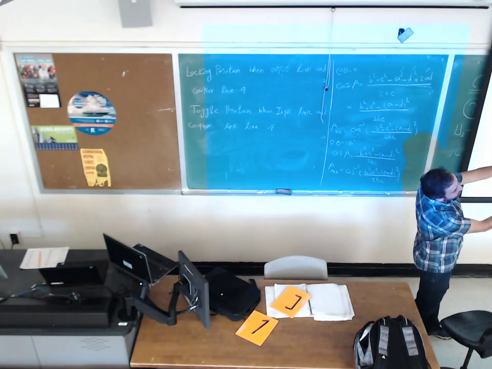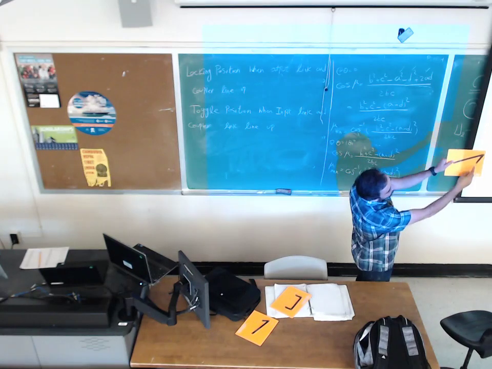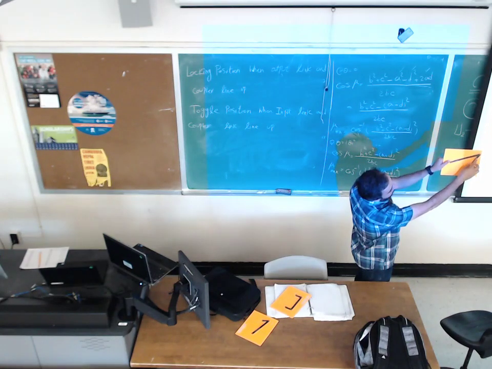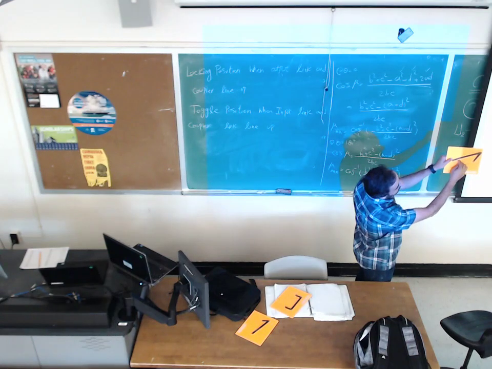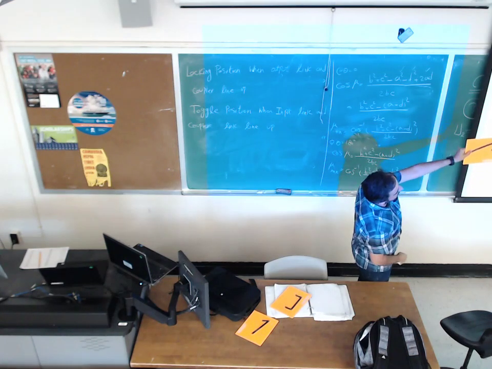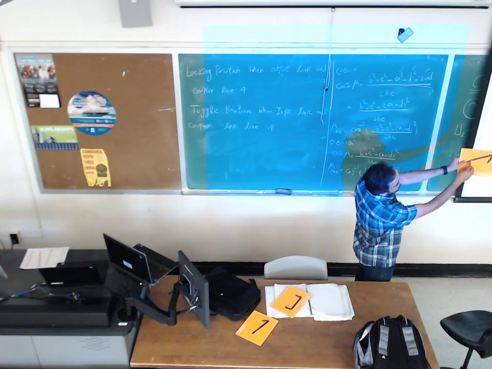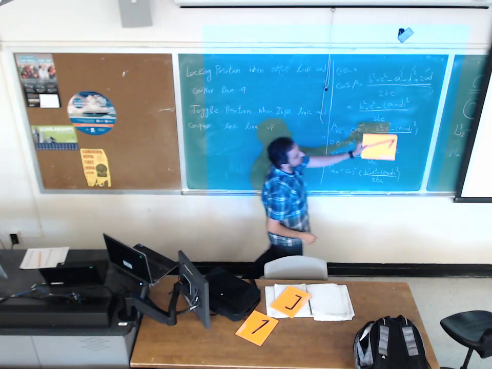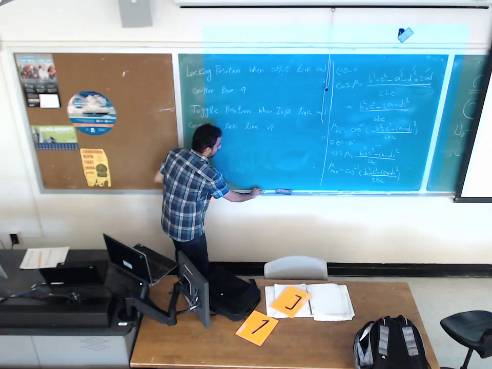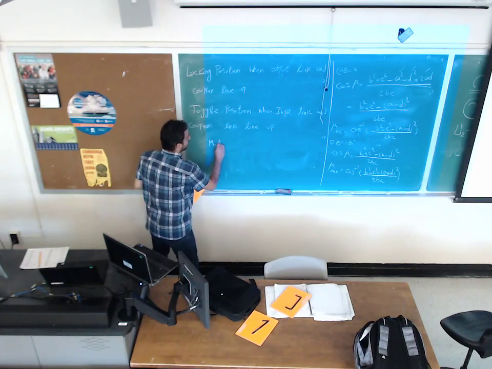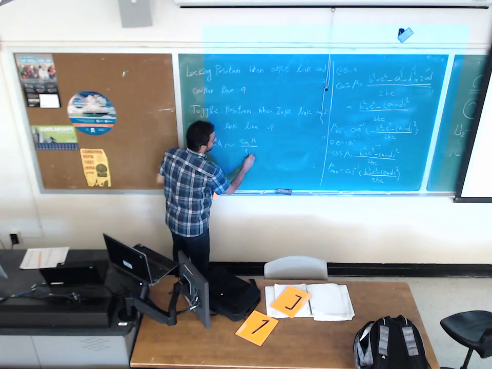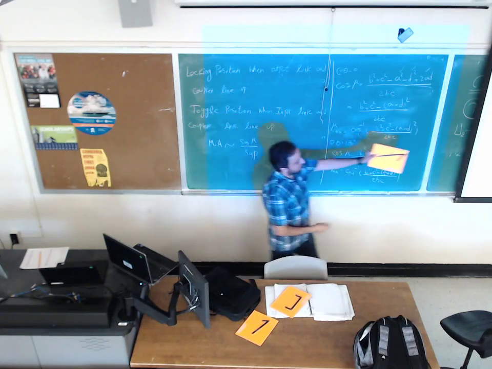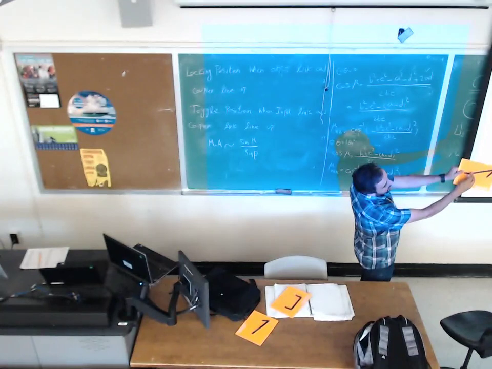Because if you remember, mechanical advantage was proportional to sine of this angle divided by sine of this angle. At this specific position, this angle is 180, sine of 180 is 0, and we get a high value for mechanical advantage. So mechanical advantage is proportional to sine of mu over sine of beta. And at toggle position, beta is 180.